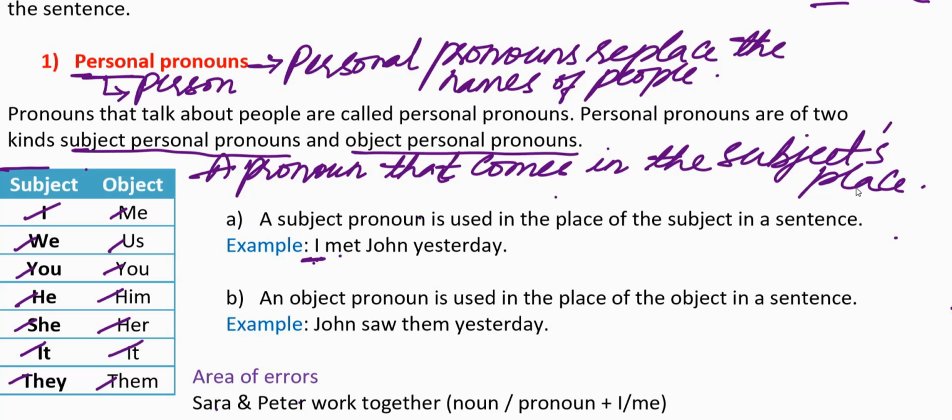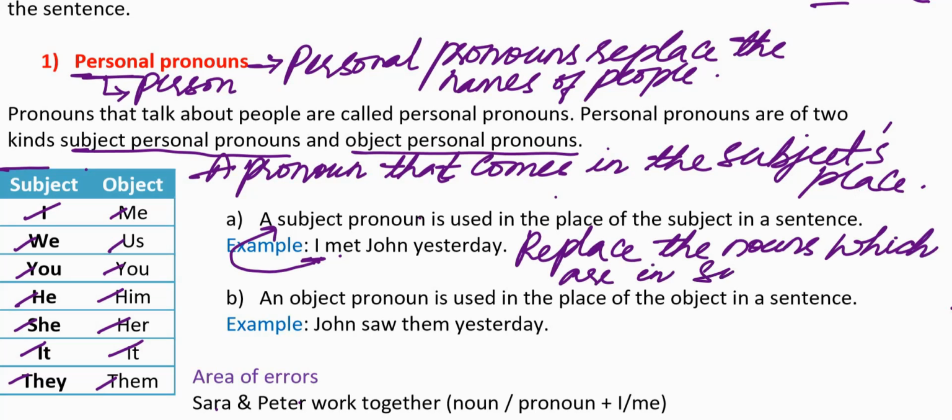I. And I is in the subject's position, hence it is a subject pronoun. Subject pronouns replace the nouns which are in the subject place. Instead of writing the noun here, we write a pronoun in the position of the subject.